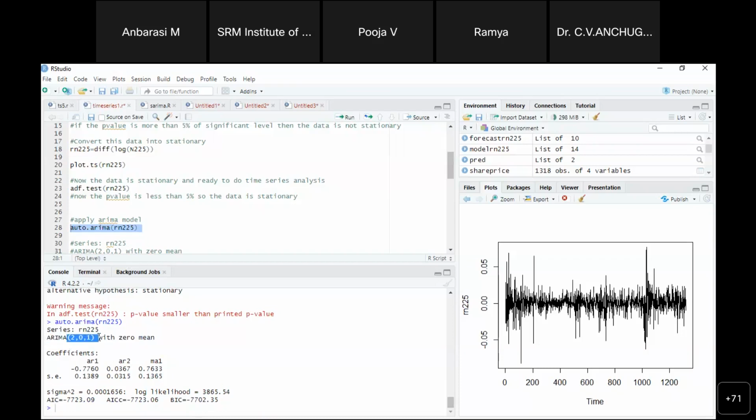Here you get the output as 2, 0, 1. So this auto.arima function will return the p value, d value, q value with a zero mean for the given data set, for the given series.